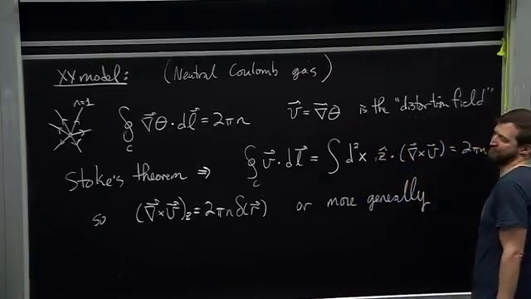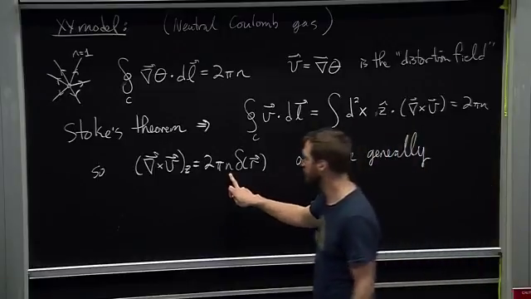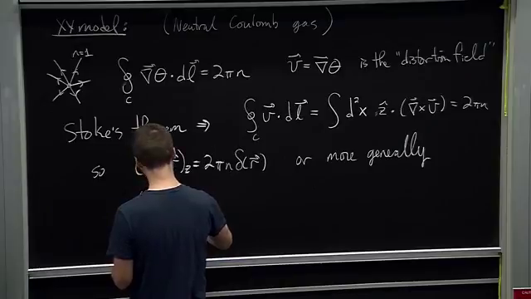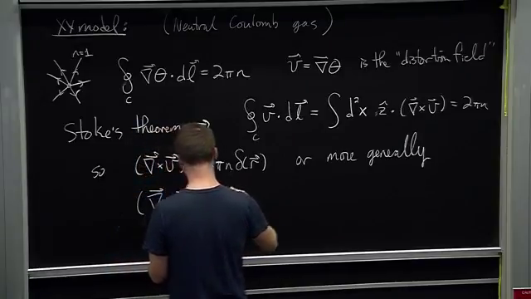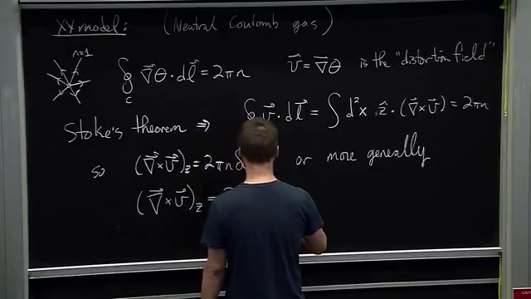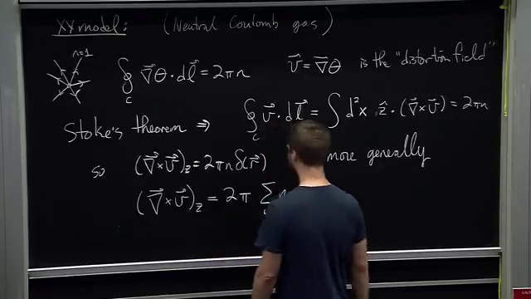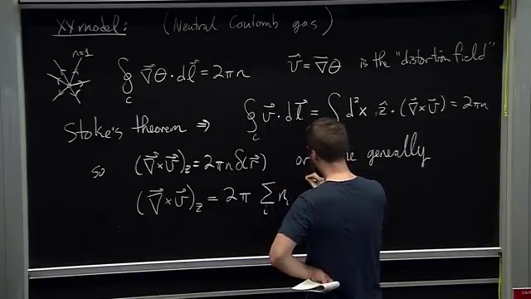And just, for more than one vortex of different charges, I think it's fair to say I can just sum up contributions. So 2 pi. So I have to label my n with n_i. And then I need a delta function.